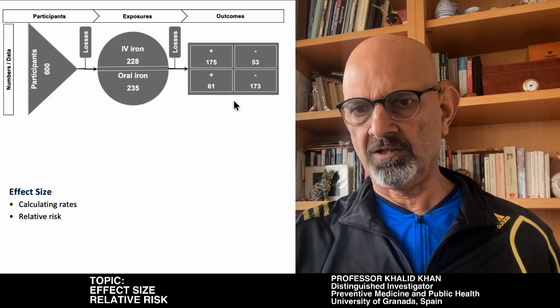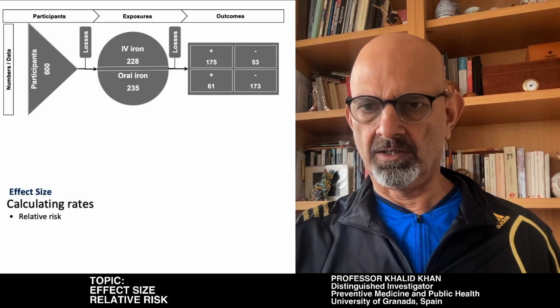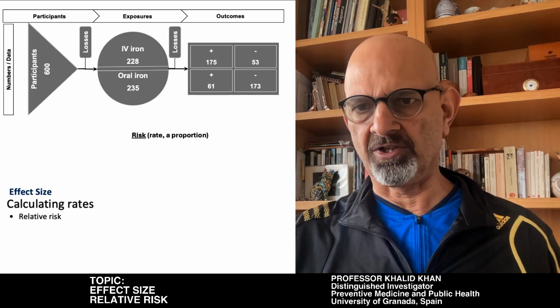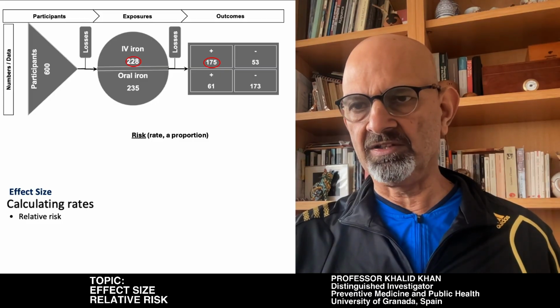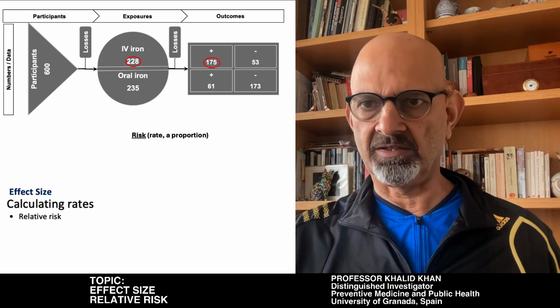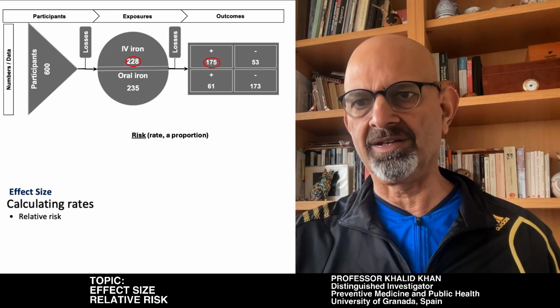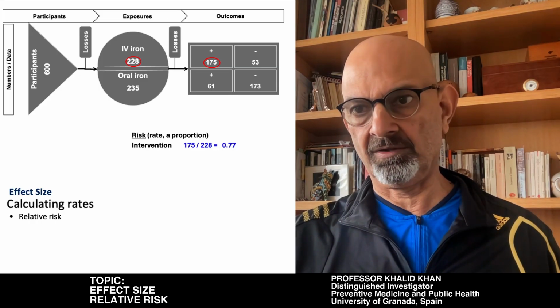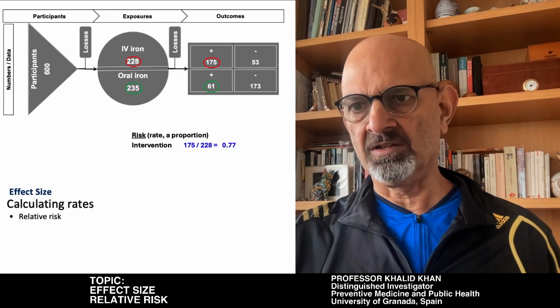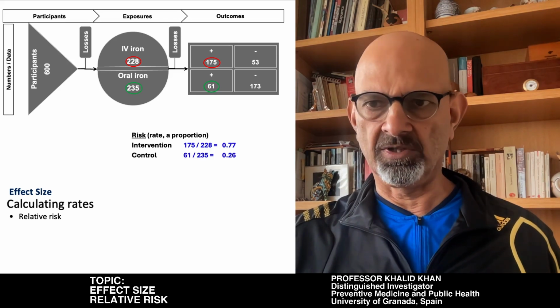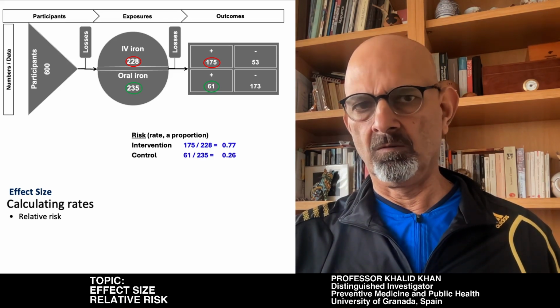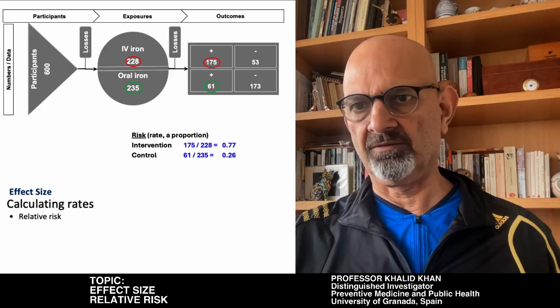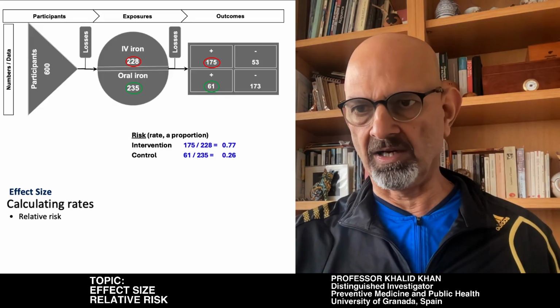We now have the opportunity to calculate the rate of outcome, and we see that 175 women were non-anemic at the time of delivery amongst the 228 who received the intravenous iron. And in the control group, we had 61 among the 235 who were non-anemic at the time of delivery in the group that received the oral iron.